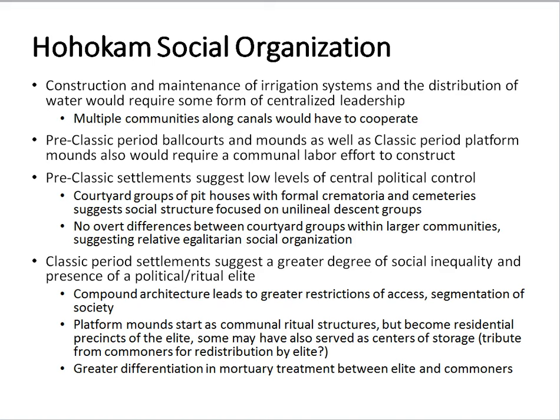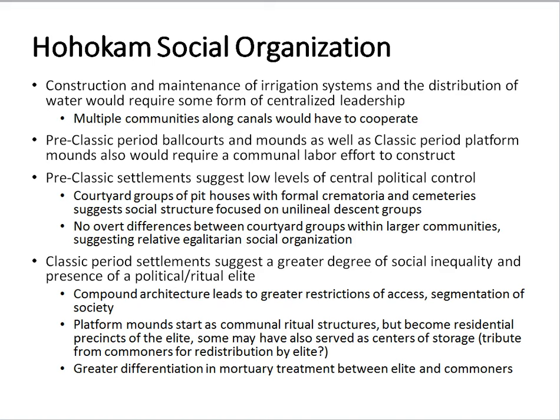Pre-classic settlements suggest low levels of centralized political control. The courtyard groups of pit houses, organized around formal crematoria and cemeteries, suggest that social structure was focused on unilineal descent groups, groups like clans, multiple independent households brought together through a shared sense of kinship.